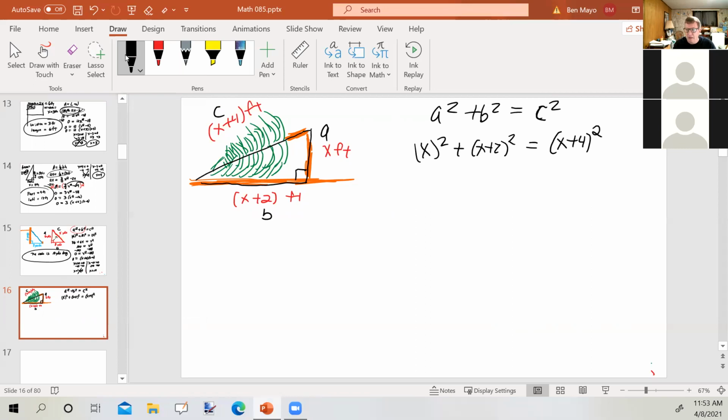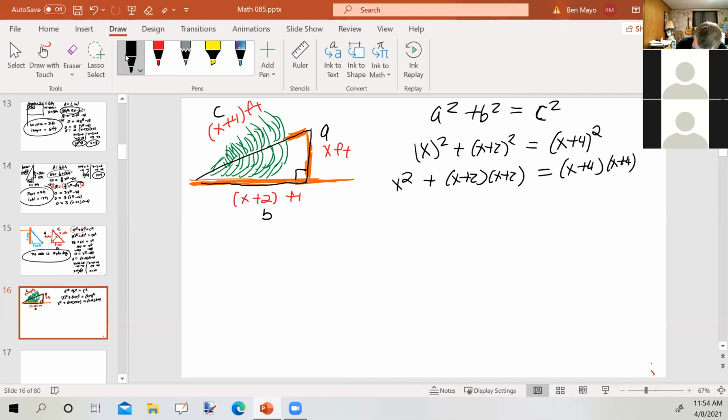Now, here's where we've got to be really careful and not make a common mistake. X squared is x squared. X plus 2, the quantity squared, is not x squared plus 2 squared. We have to expand it. X plus 2 times x plus 2. And then in the next step, we'll FOIL those together. This is x plus 4, x plus 4.